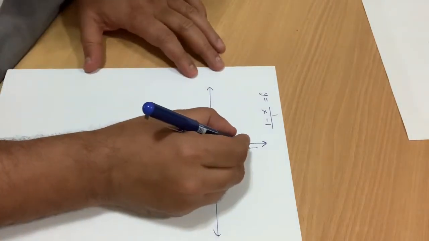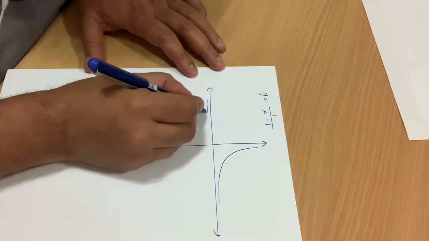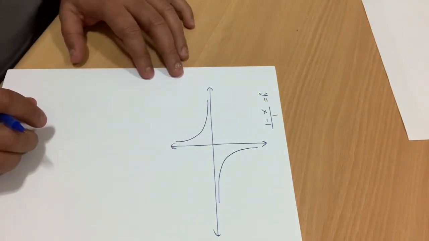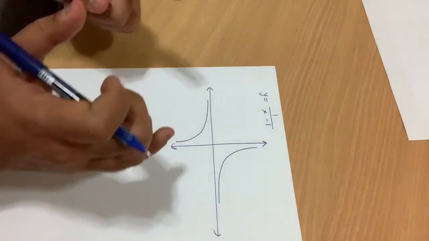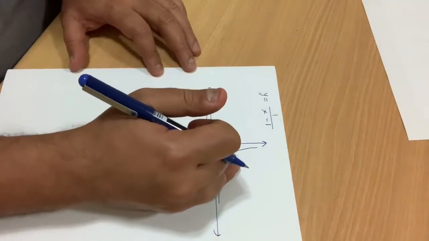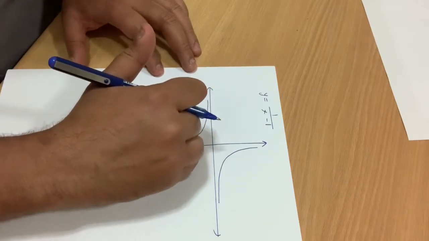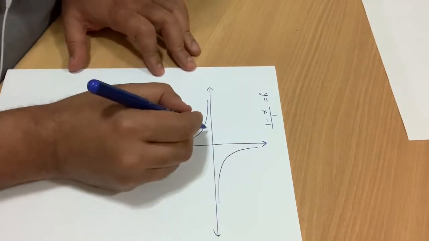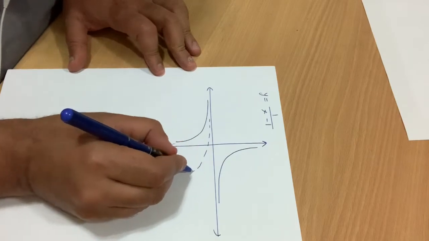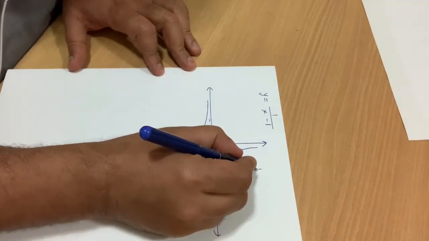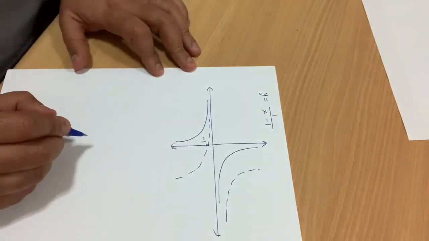So this is the basic curve, y equals 1 over x. Imagine that you have to move these two curves to the right. So this curve will be away from the y-axis, and this curve will pass through the y-axis at negative 1. So this is the curve. This is negative 1, and this curve is going away now.